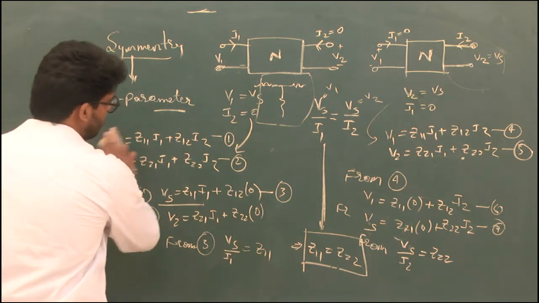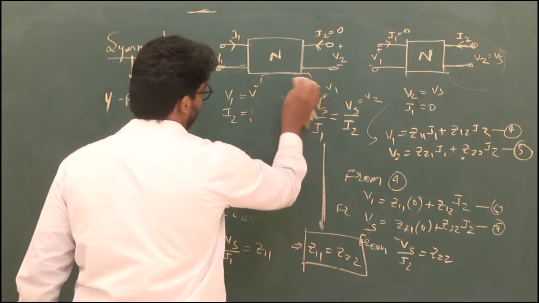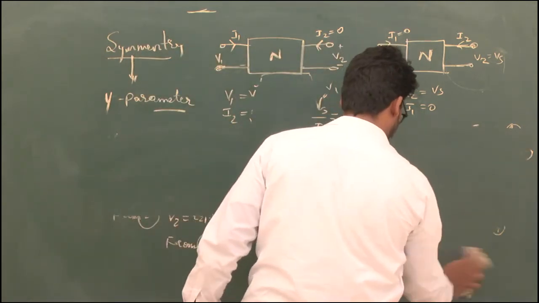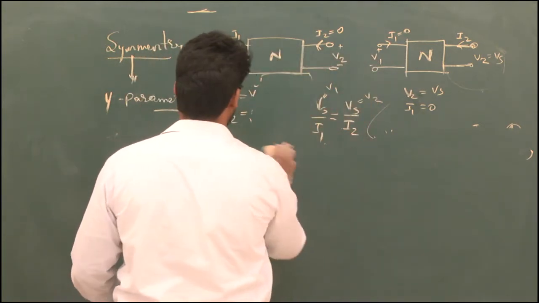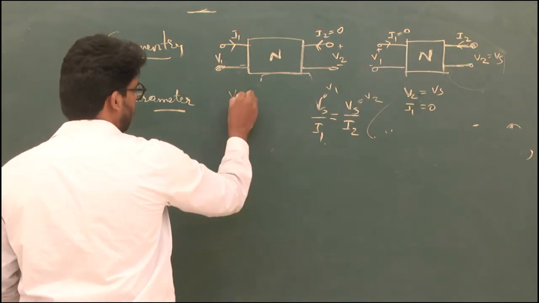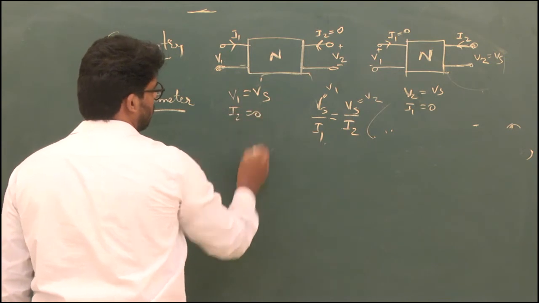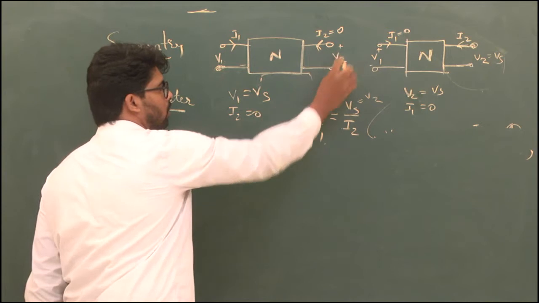The procedure is the same. So you'll have the conditions. You replace those equations there. The condition we are taking is V1 equal to Vs and I2 equal to 0. So many will get a doubt: sir, if you make I2 equal to 0, what about V2?